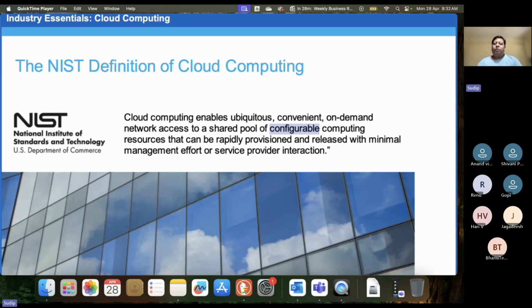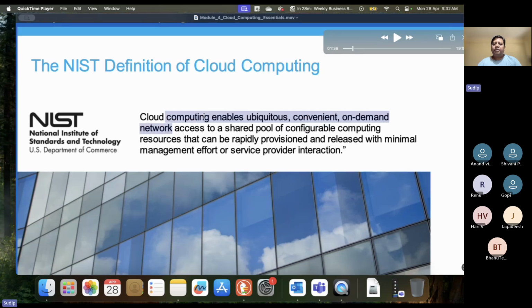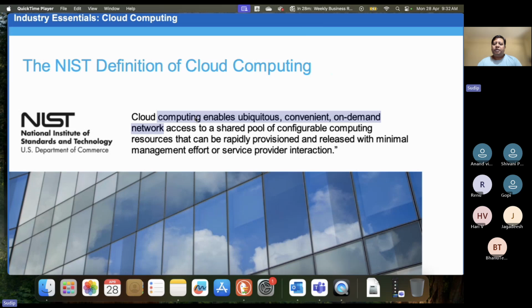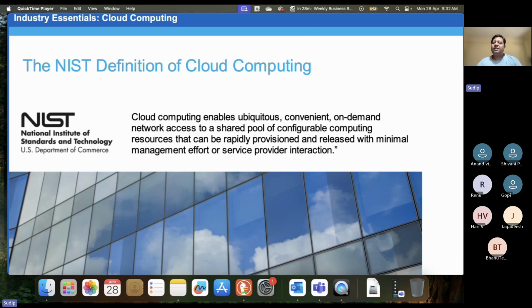And what are some of the other characteristics of a cloud? It should be ubiquitous, it should be convenient, and it should be on demand network. Ubiquitous means always available, 24/7, 365 days.